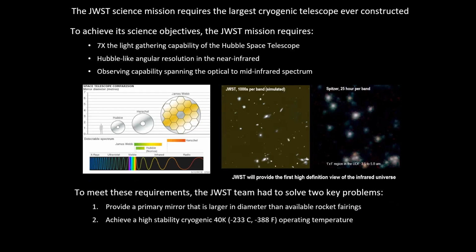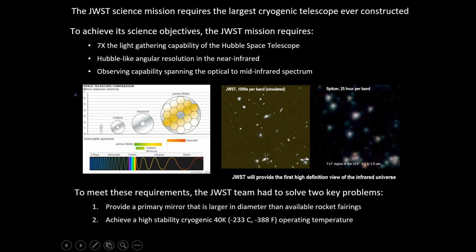But we needed that angular resolution at a longer wavelength, in the infrared part of the spectrum. And that also necessitates a large mirror. And as I mentioned, we needed to design a telescope that had capabilities spanning the optical to the mid-infrared spectrum. So as soon as we realized this, we realized that we had 2 big problems that almost stopped the project dead in its tracks.